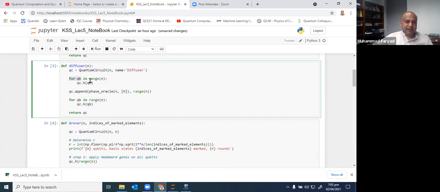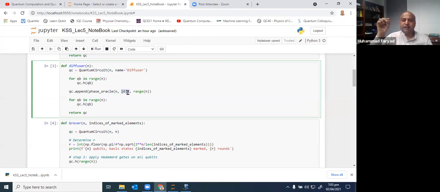And then it has Hadamard transform on all the qubits, and then it has this phase oracle with the 0 index marked. So I'm just using the Grover phase oracle for this UF0 operation as well, because UF0 and the Grover phase oracle are the same, except that in UF0 the 0 index has to be marked.